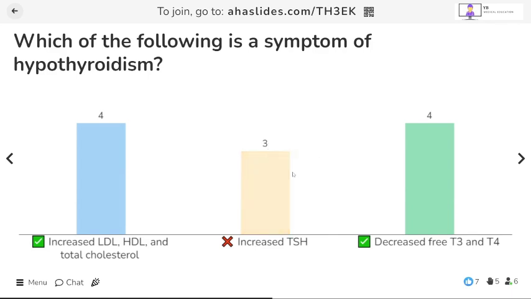Also, increased TSH and increased LDL, HDL, and total cholesterol. All three are right.